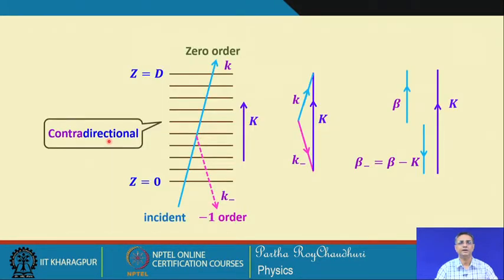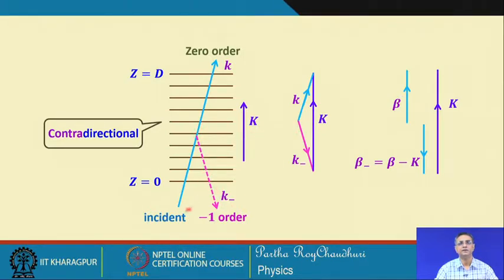Now, contra-directional, in the same line, this is the case where we consider the contra-directional coupling. Incident wave is travelling in this direction, the optical beam, and the minus order is diffracted in this way.